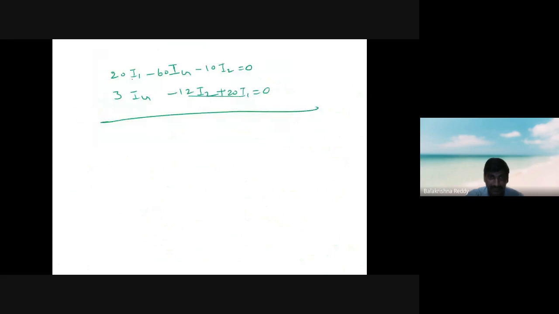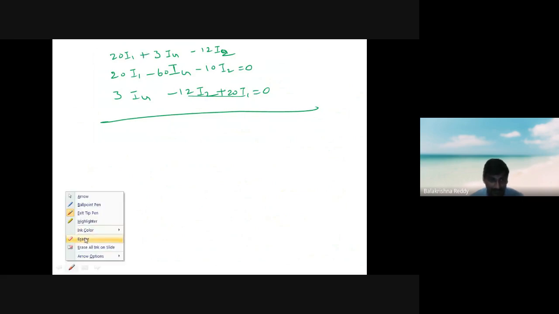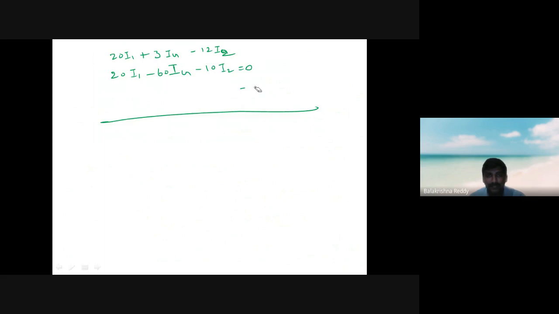Yes, 3 Ig. So what I'll do? With respect to Ig I'm writing 3 Ig, 12 I2 minus 12 I2, and next 20 I1. 3 Ig is plus 1, you know. So I'm erasing this part. Now we can solve easily.